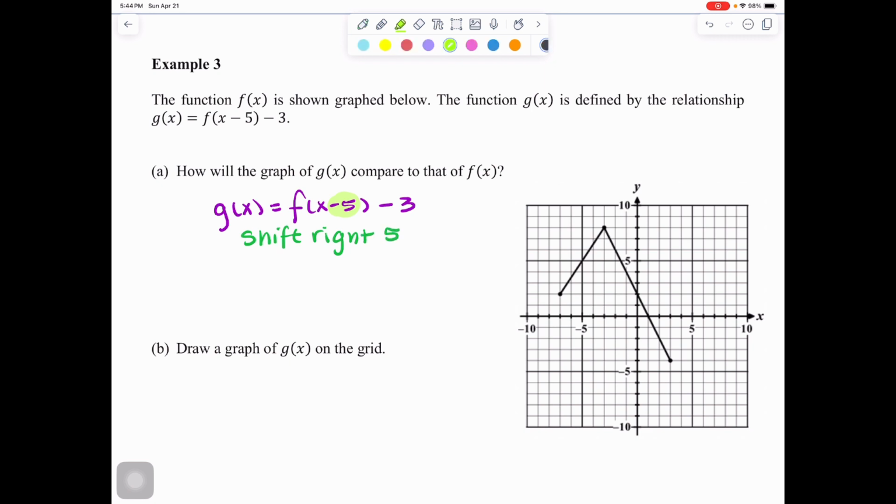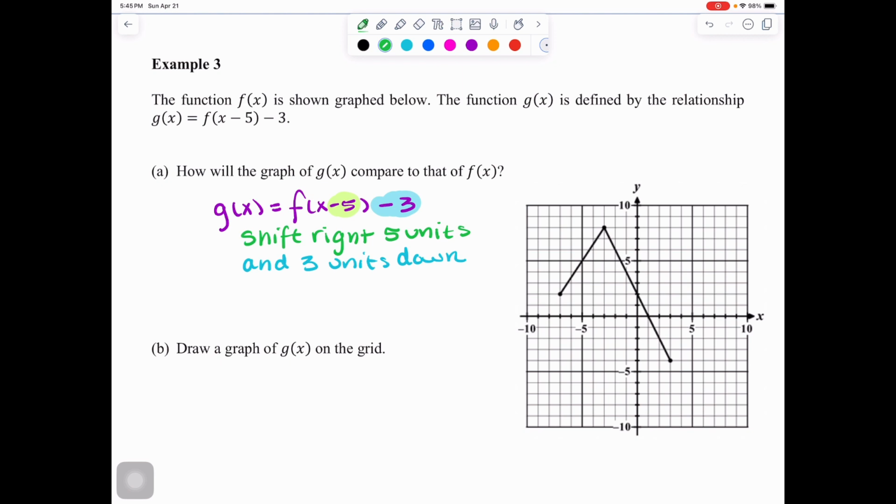And then we'll go highlight our other portion here that was on the outside, which was minus 3. And we will say that this, remember, happens exactly as it should. Negative means down. So, 3 units down. So it's going to shift right 5 units and 3 units down.